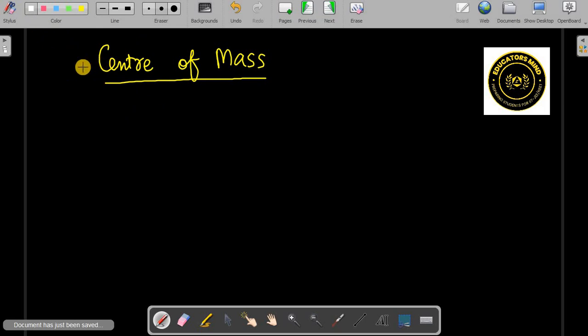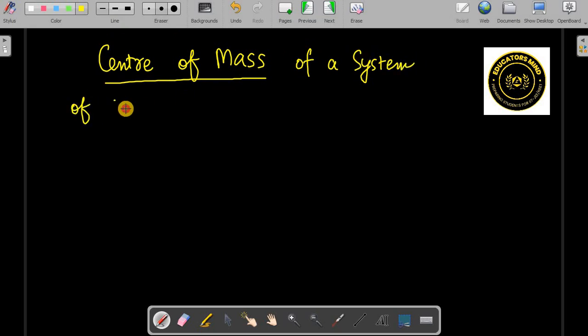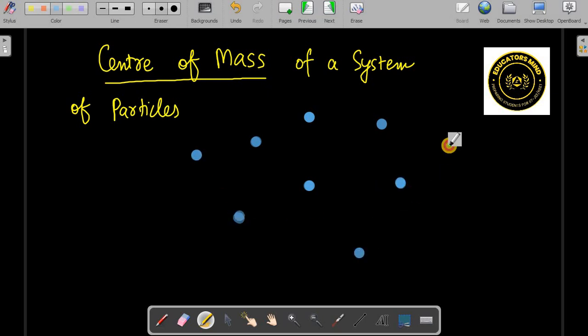Center of mass for a system of particles. Let's understand center of mass of a system of particles. Let us say we have so many particles. Let's say this is one particle, this is another particle, and all these particles will have different characteristics.